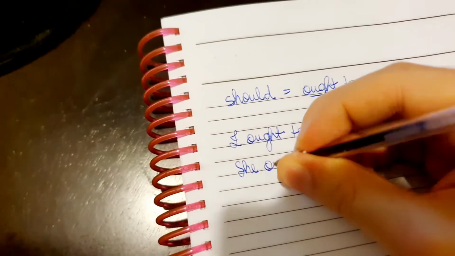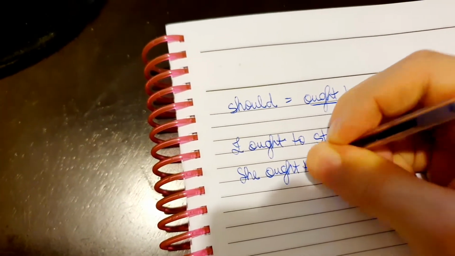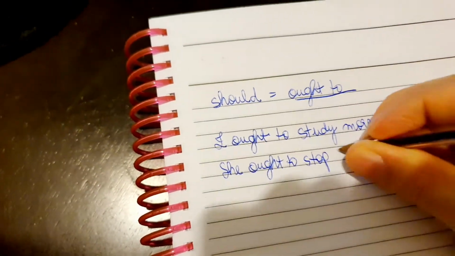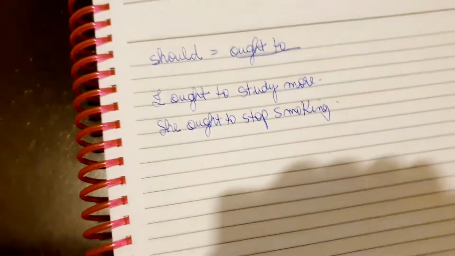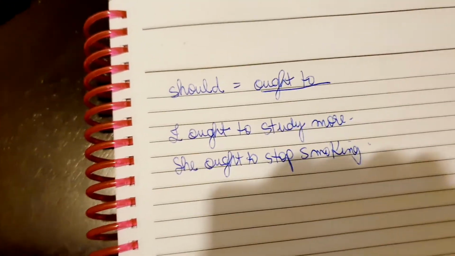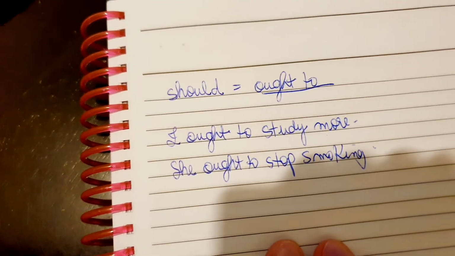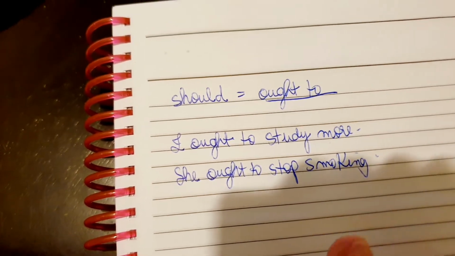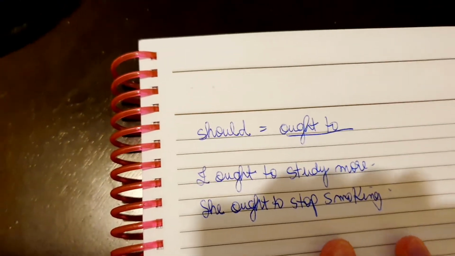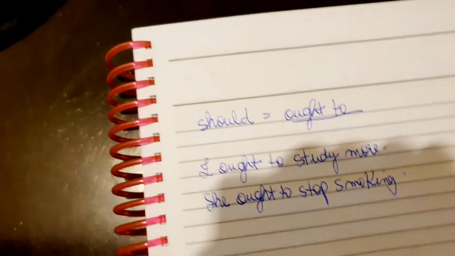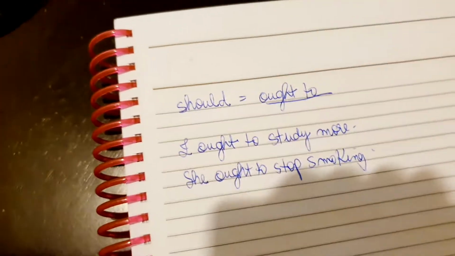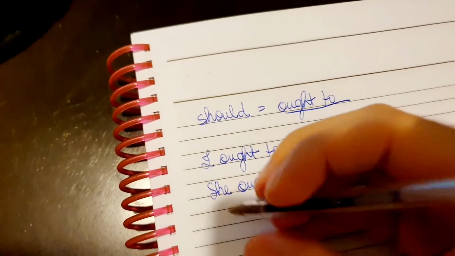She ought to stop smoking. You see, it has the same meaning. It's no different. The negative sentence is different, okay? You don't say oughtn't. Oh my God, it has a terrible pronunciation, but it doesn't.